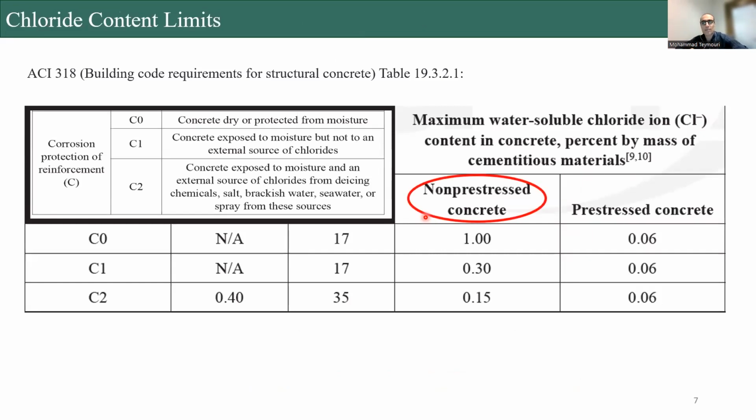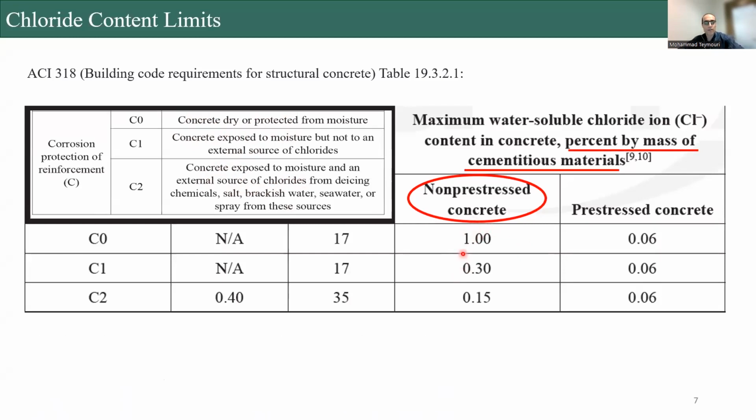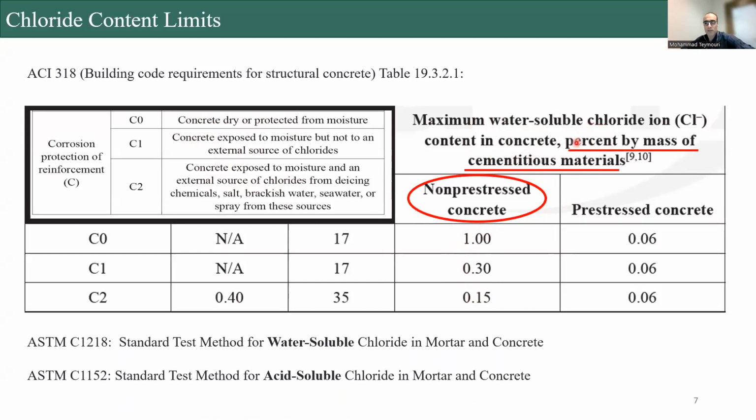For example, for cast-in-place concrete, depending on the exposure condition, whether it's a dry condition or, in the worst case scenario, a concrete structure exposed to moisture, the range is between 0.15% to 1% of the cementitious materials. These are based on two tests that we have, the water soluble test and the acid soluble test. We don't have time to talk about them, but these are the two most common practices in the field right now.